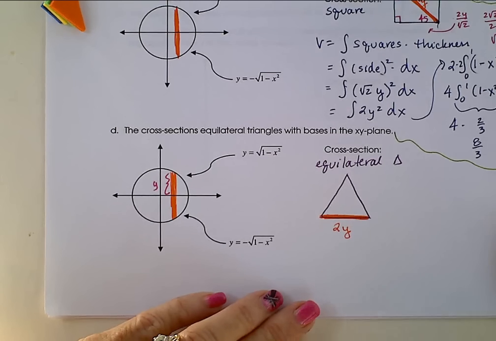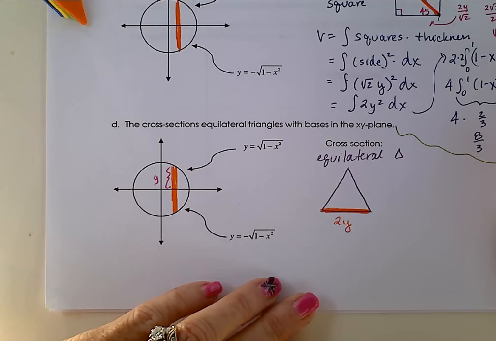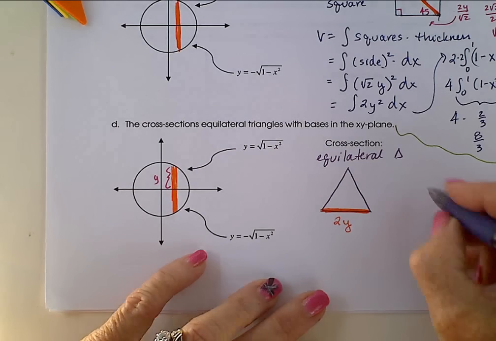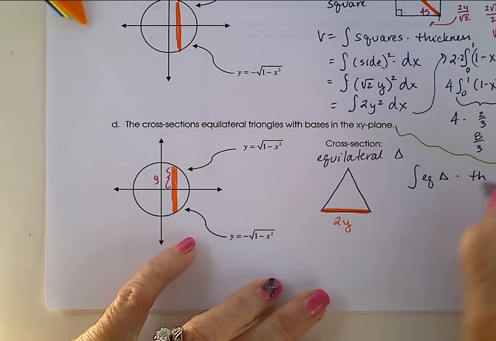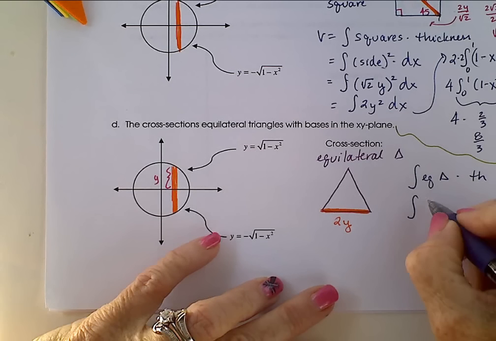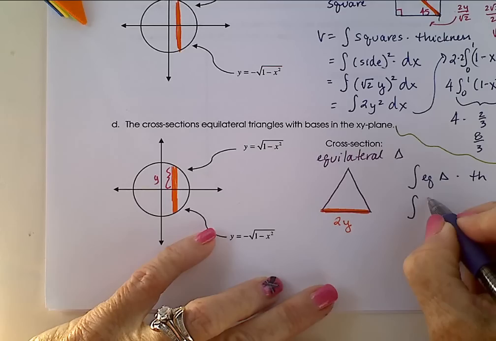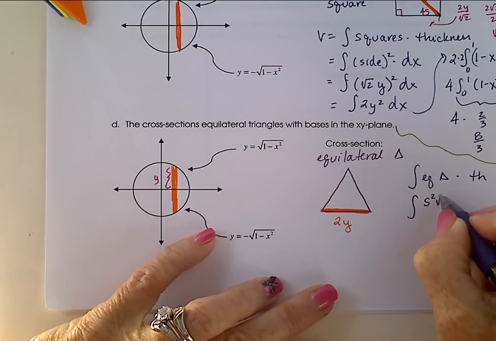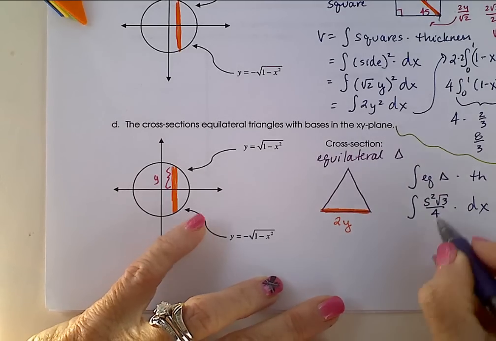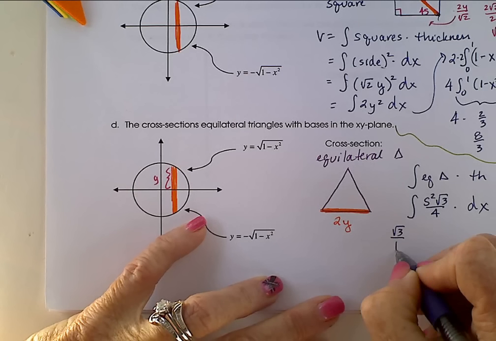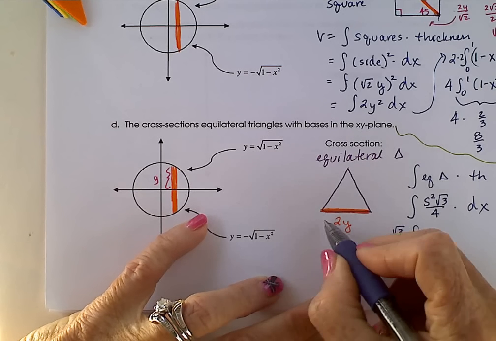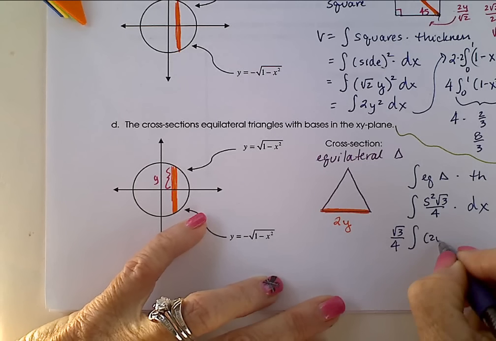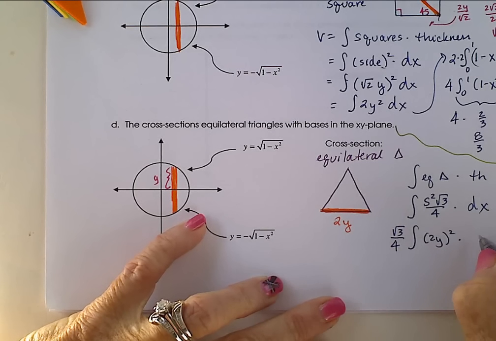You have a couple of options here with the equilateral triangles. You can remember from geometry that the area of an equilateral triangle is side squared times square root 3 over 4, which then the square root 3 over 4 can come out. Side squared, that would be 2y squared times dx.